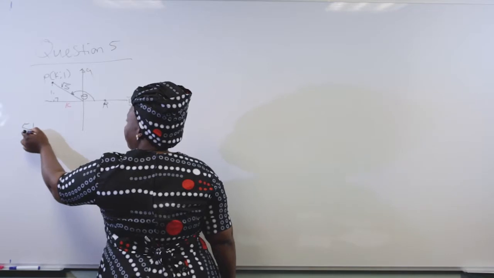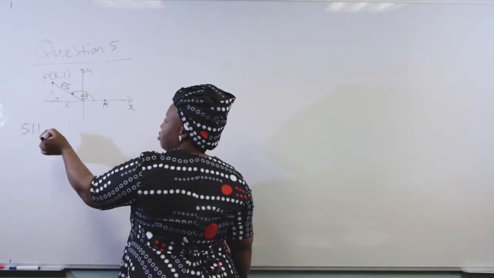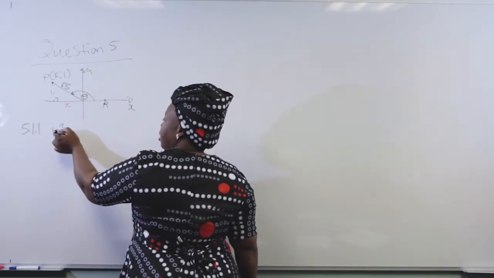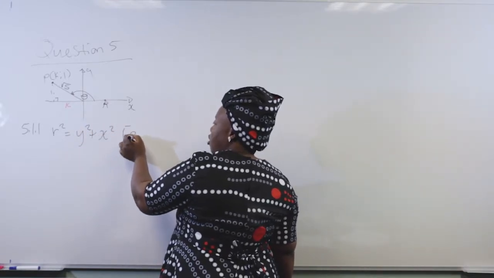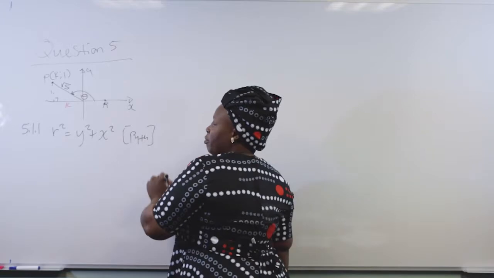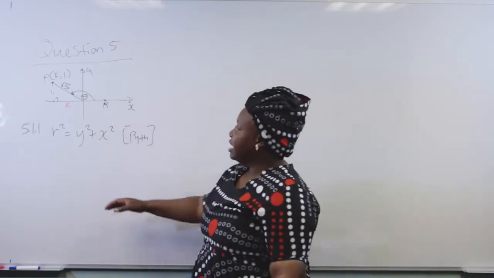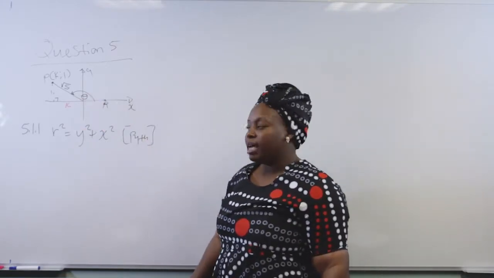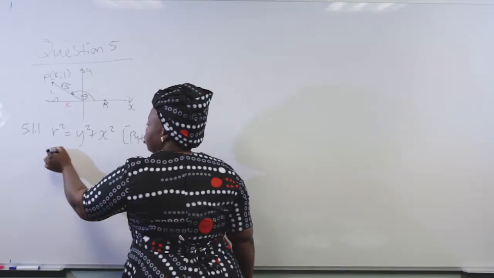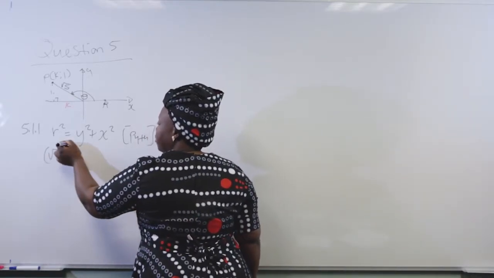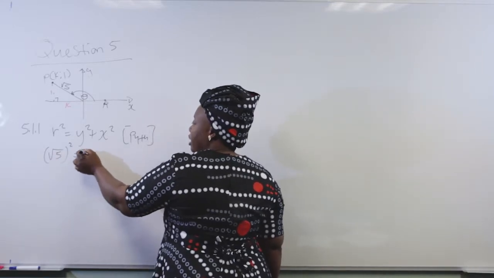It's 5.1.1. R squared equals Y squared plus X squared. This is our theorem of Pythagoras. Pythagoras theorem says the longest side squared equals the sum of the other sides squared. So our R is the square root of 5, so we're going to say the square root of 5 squared, and our Y is 1.